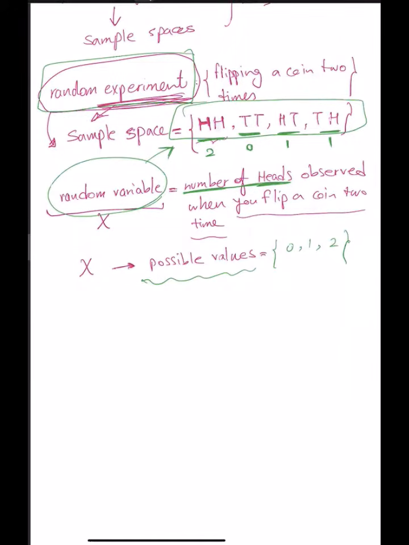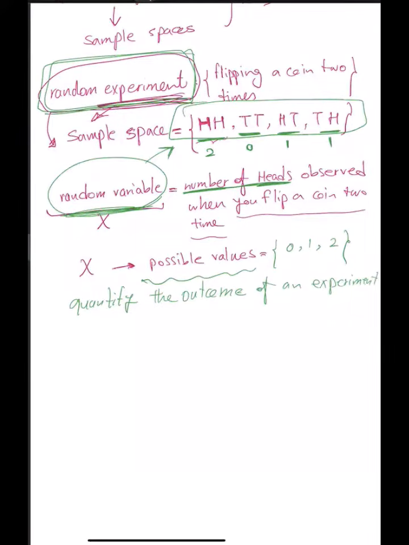So I have different ways to define random variables on top of these experiments, and these random variables are there to quantify the outcome of a random experiment.